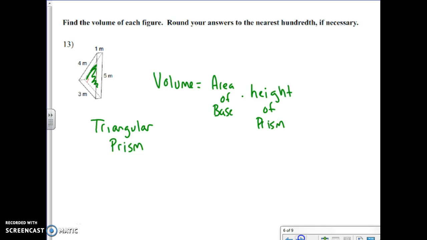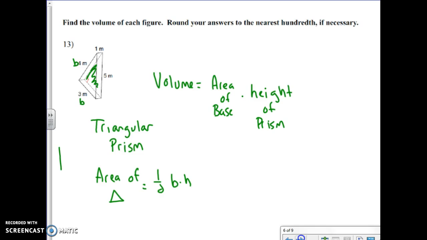So I want to take my triangle and find the area of my triangle. Is half base times height. So I want to look at my triangle and say, hey, what's the height of my triangle? I'm going to say that this is my base and that's my height.